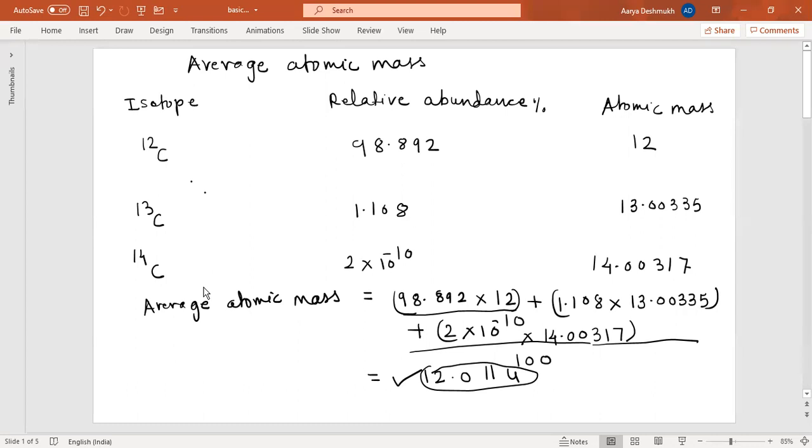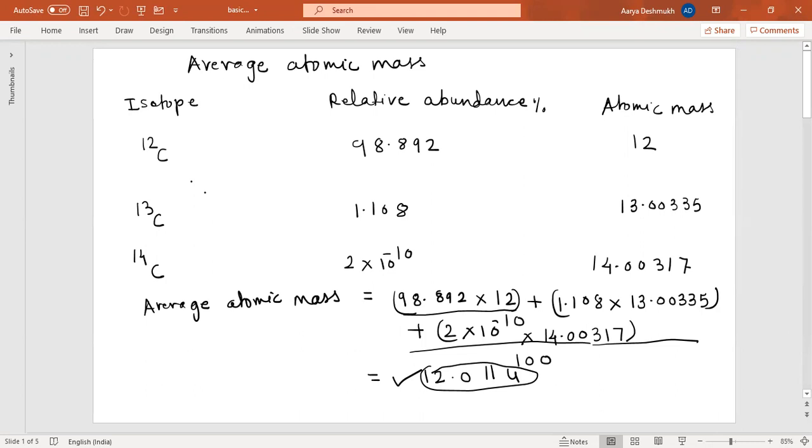So this is about the average atomic mass, meaning we are just taking the relative abundance of different isotopes multiplied by their atomic mass. You will get the average atomic mass of this particular element. We had taken the example of the carbon atom here.